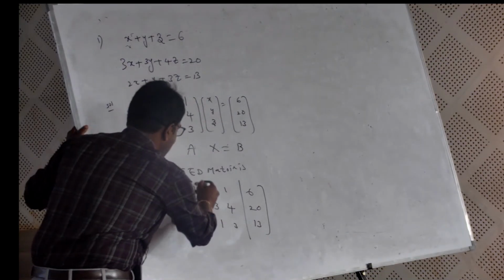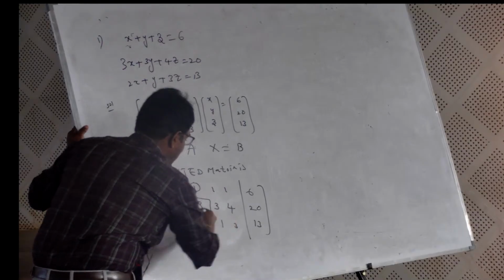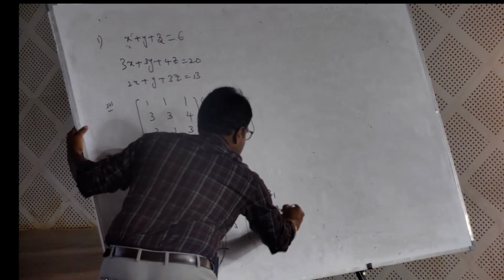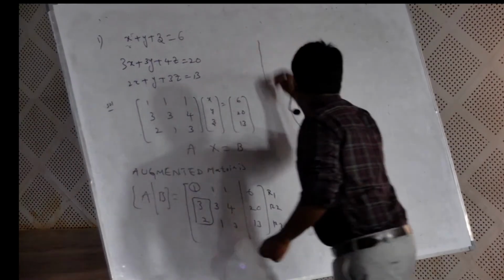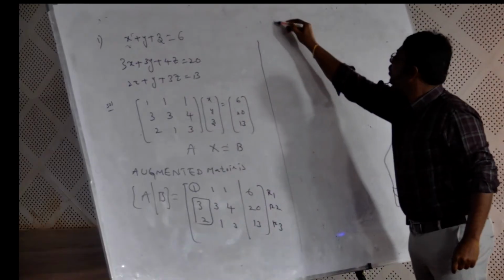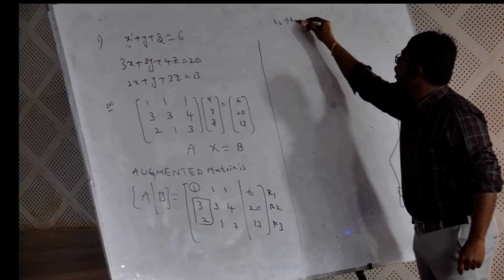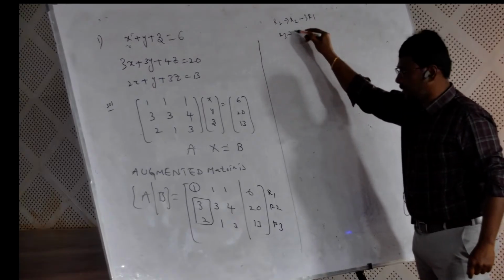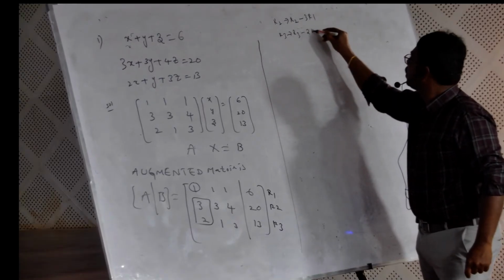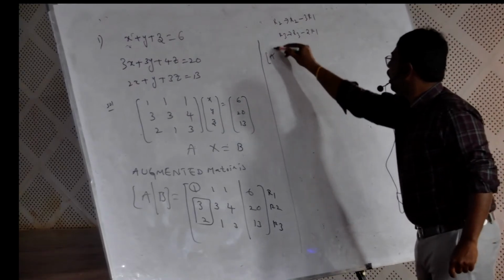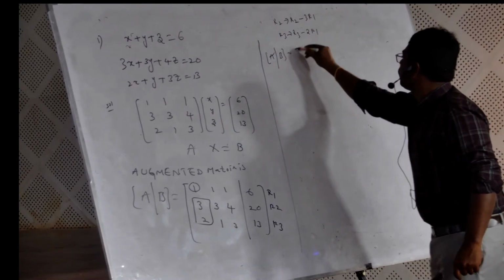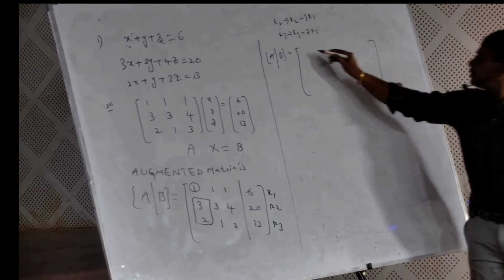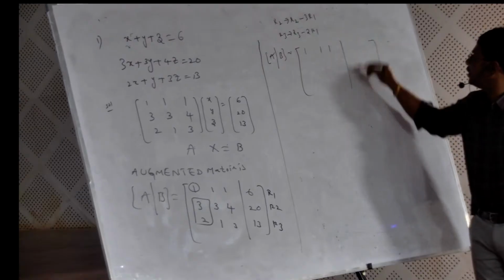Yes, tell me. Using this, convert these to element 0. My dear students of KITE, tell me, R2 implies R2 minus 3R1, R3 implies R3 minus 2R1. Now A along with B is equivalent to: first I will write row 1: 1 1 1 6.